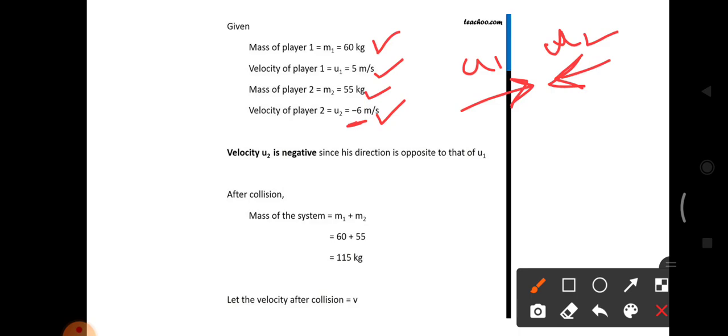After collision, the mass of the system is m1 plus m2. So 60 plus 55, we get 115 kilograms. Let the velocity after collision be v. We have to calculate this velocity.